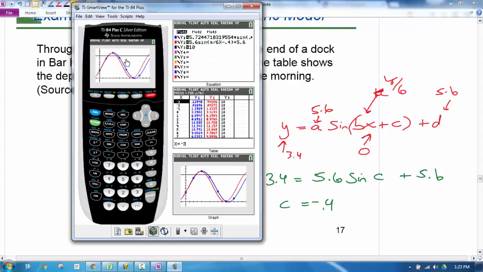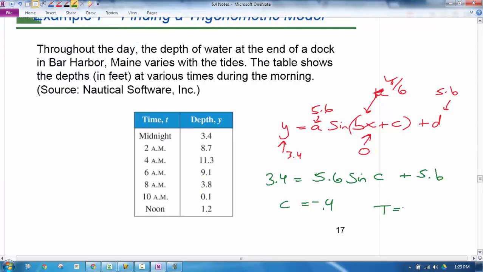But you can tell my period's a little bit off still, so maybe I want to change my period to 13 hours instead of 12. In which case we'd put 2 pi over b, and it'd be 2 pi over 13 for b.